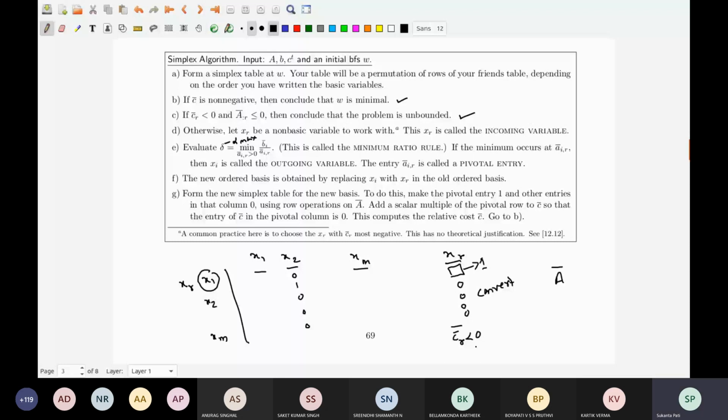By the time you have done this much of operation, whatever table you have, you already have the table for the next BFS by doing this much of operation only. Okay. It will be clear from this example. Let me take and you will understand.